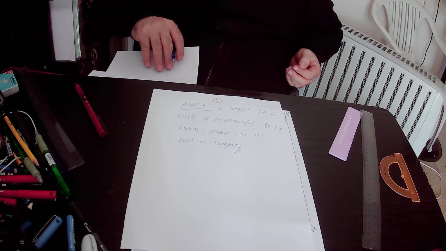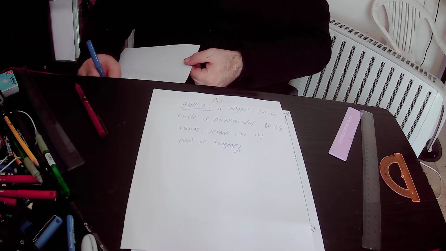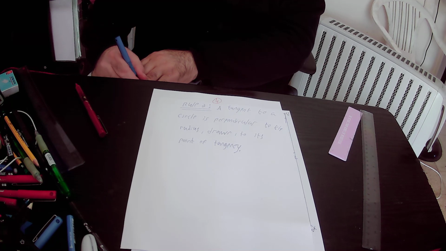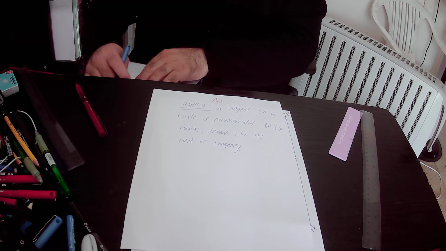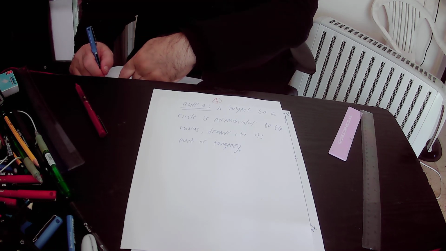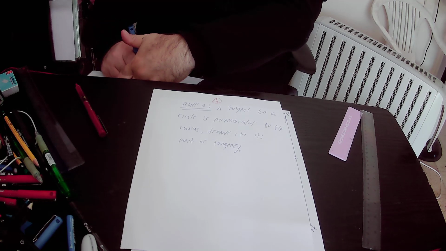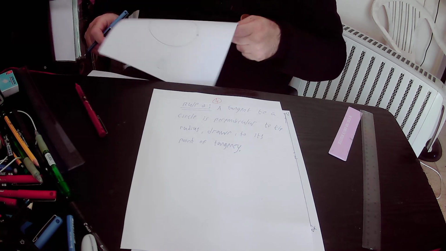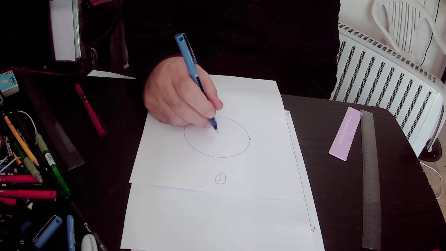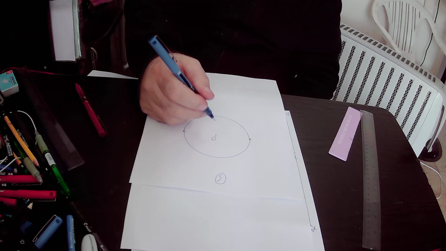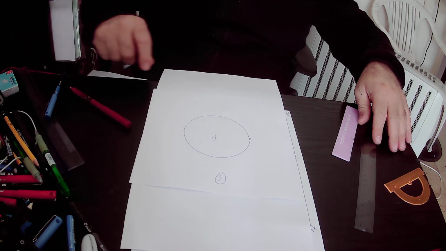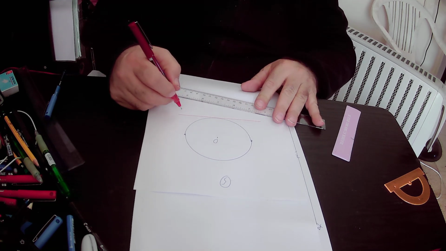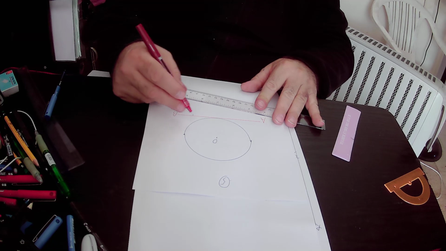So what is the meaning of rule number 2? The meaning of rule number 2 is that if we have a circle, and the center of this circle is at point O, and we also have a tangent to this circle, actually AB is tangent to this circle.